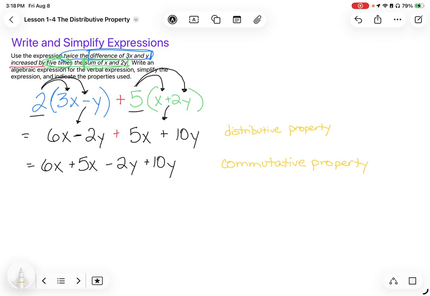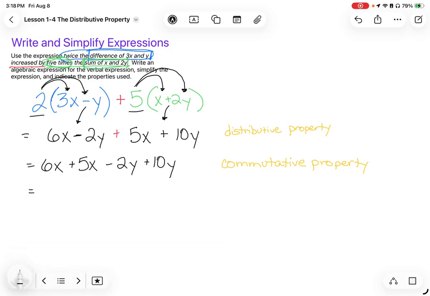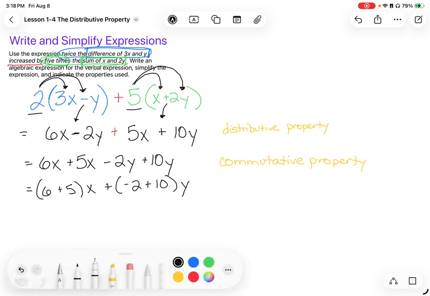Well, I'm going to do the distributive property again because this 6x plus 5x can be written as 6 plus 5 times x, just like that. And I can do the same thing with the y's. I could do plus -2 plus 10 y. That is also the distributive property.